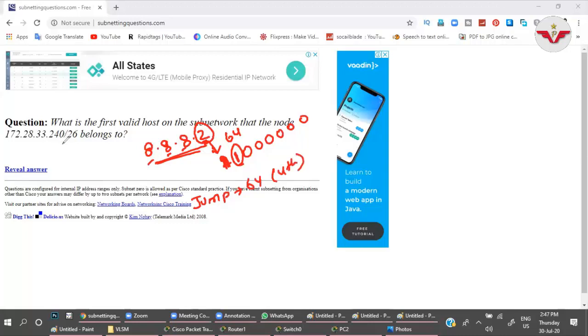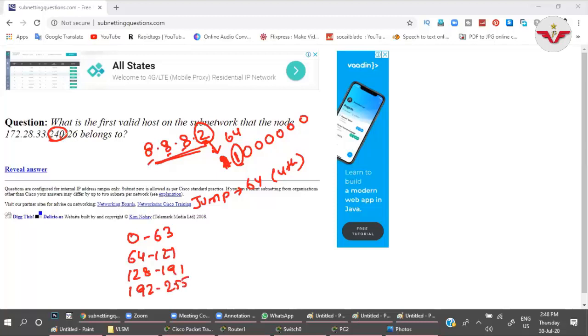Now with the jump of 64, I have to reach 240 and check which network this 240 belongs to. With a jump of 64, the first network is 0 to 63, the second network 64 to 127, the third network 128 to 191, and then 192 to 255.